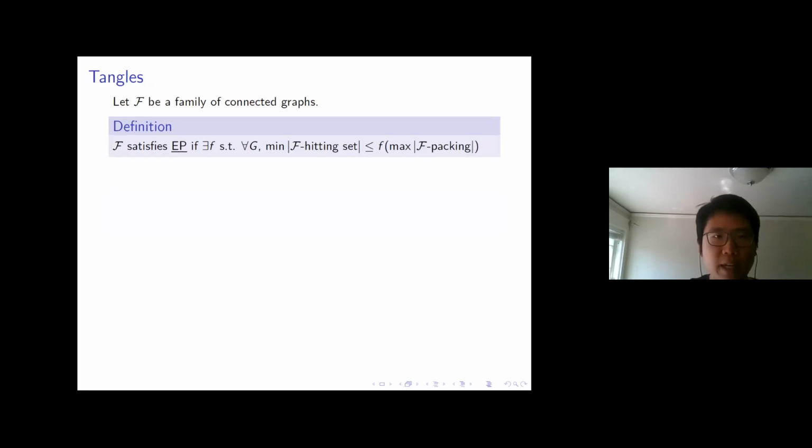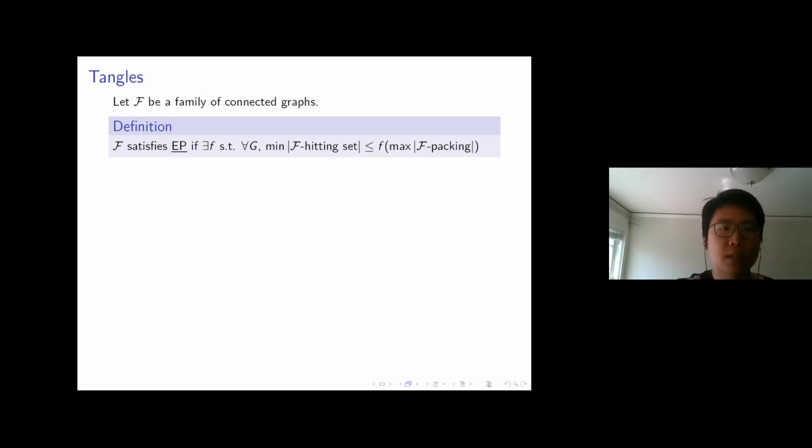So let me explain how these tangles come up with this Erdős–Pósa property. Let me just remind you of the definition of the Erdős–Pósa property. If you give me a family of graphs, then the family F satisfies the Erdős–Pósa property if there exists a function f such that for all graphs, this inequality is satisfied, where the minimum size of a hitting set is at most f of the maximum size of a packing.